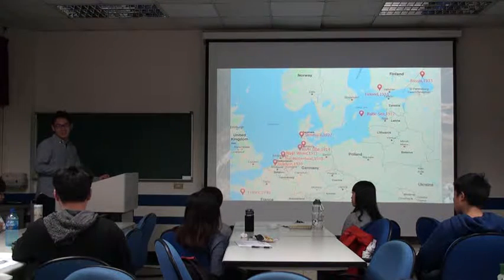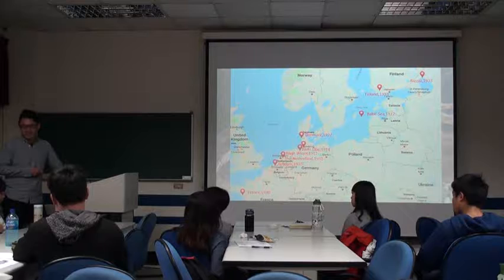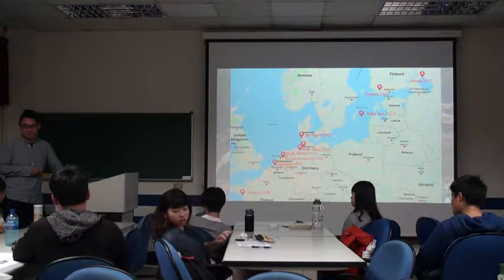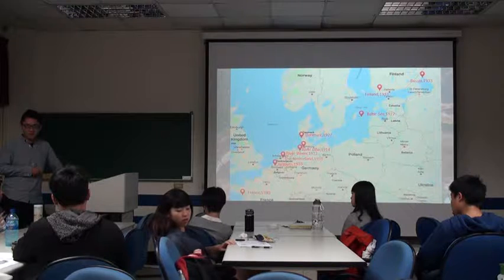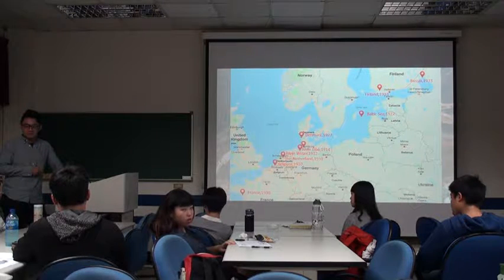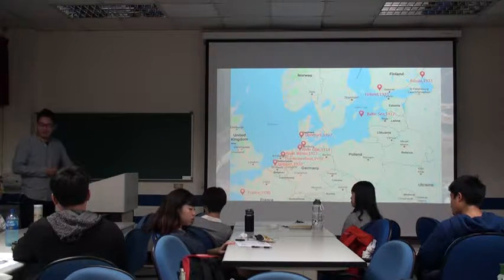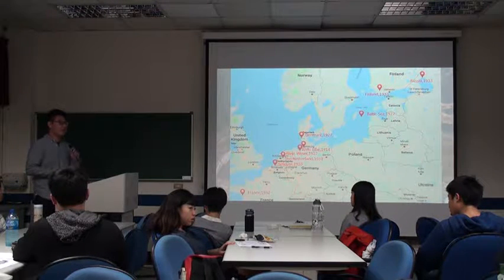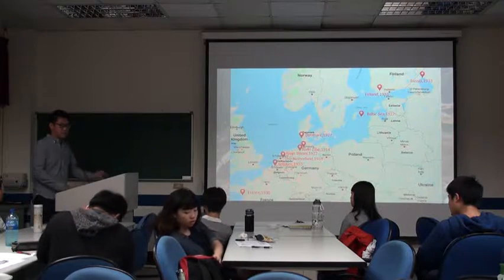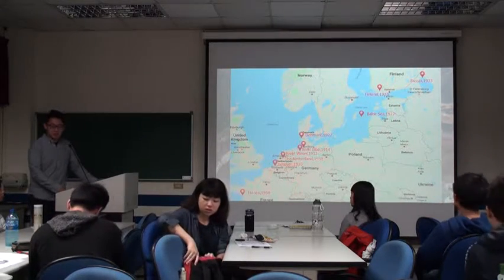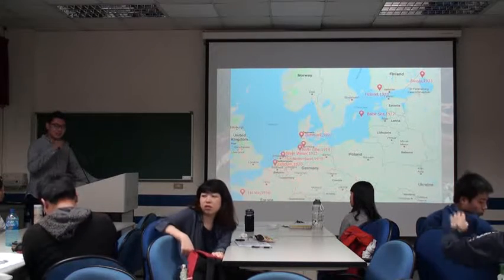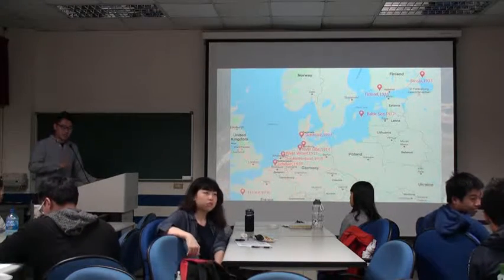Ariel, what's your question? How do you know the crab is in the river? You just go there to see if there is a crab, or you use... how do you get a crab? The article is about the analysis of a historical data set, which means the authors didn't catch the crab and do the experiment by themselves.